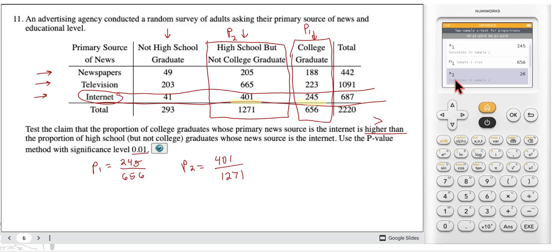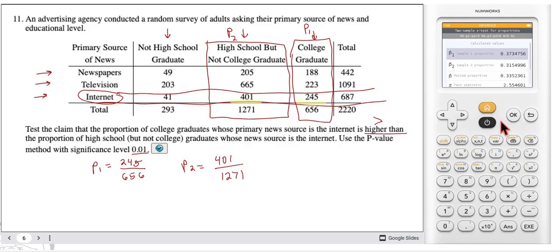For proportion two, oh wait, we're in the proportions, but we put in the number. We don't put in an actual proportion, right? X2 is going to be 401, the number of successes, and the sample size is 1,271. Significance level that we were given was 0.01, so we'll put that in there.